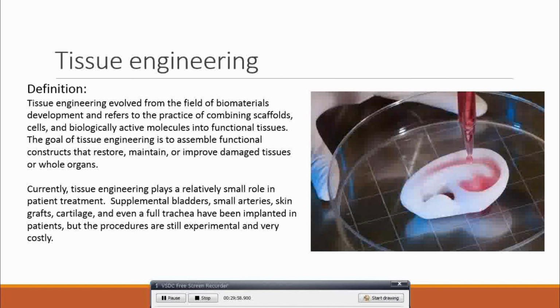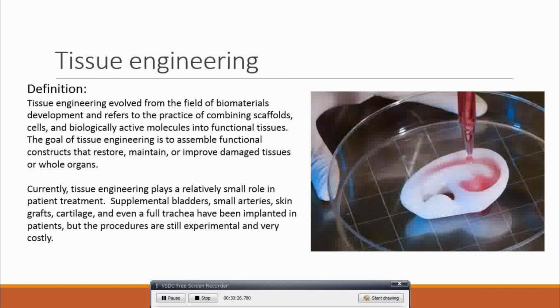Kalau contoh bila kita buat tissue replacement, kita akan tampalkan tempat tu dengan scaffold. Scaffold ni benda-benda yang macam halus, contoh apa, tisu-tisu halus yang akan sel akan melekat pada scaffold tu, dah akan tutup area yang terbabit. Okay, biological active molecules into functional tissue.